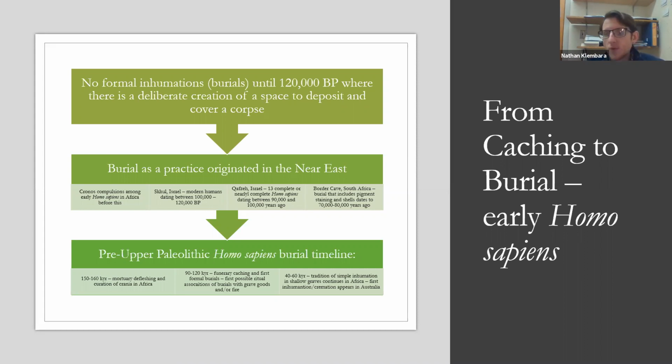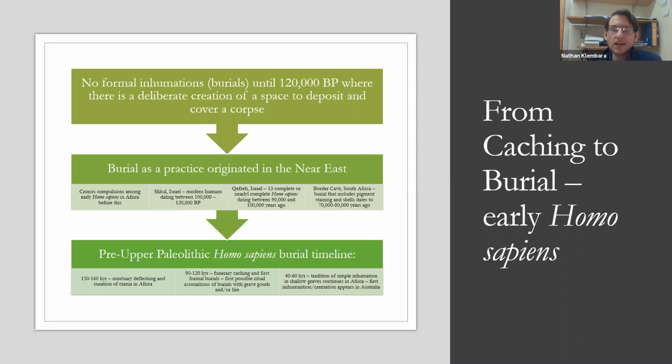And then by 40 to 60,000 years ago, so the advent of the Upper Paleolithic, we're starting to see simple inhumations happening in Africa, the first inhumations and cremations in Australia, and we're going to start seeing the first burials in Europe as well. So the point of this slide is that even when Homo sapiens emerge, we're not going to start seeing burial right away.